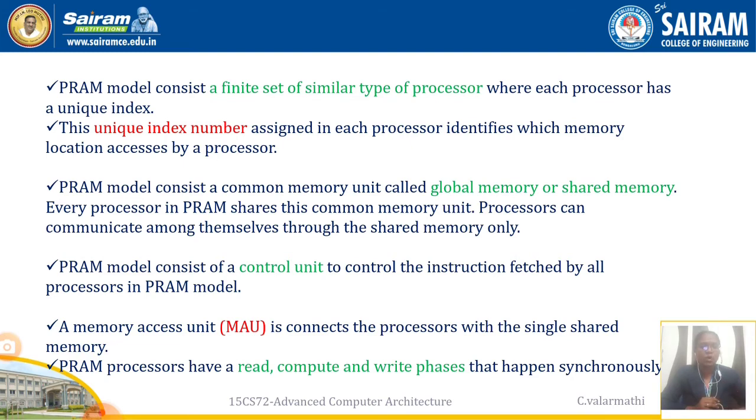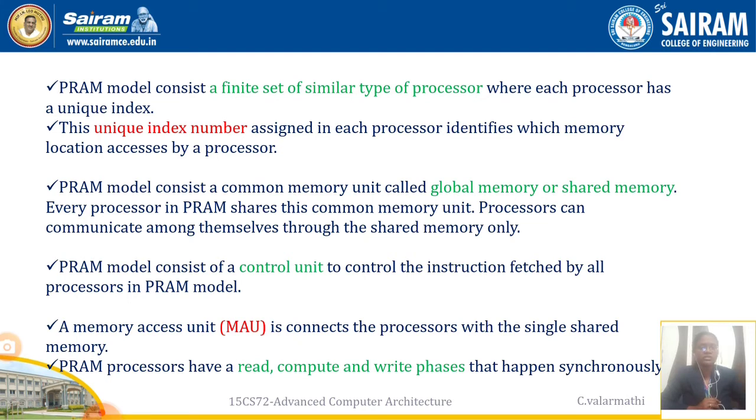Then PRAM consists of a common memory unit called global memory or shared memory. It is a global memory and also shared memory, and it consists of one control unit to control the instructions fetched by the processors in a PRAM model.